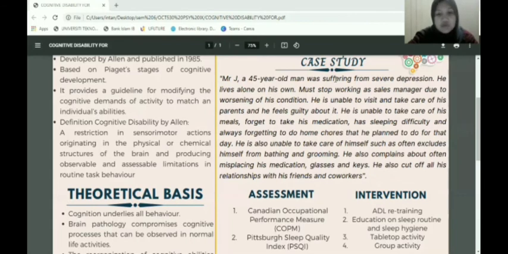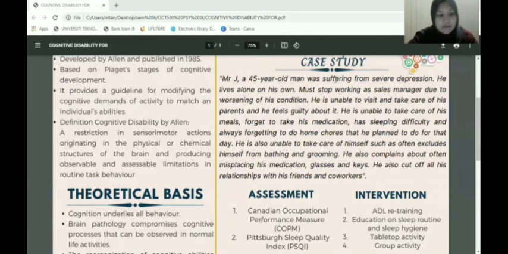And then we can also do a checklist for Mr. J to follow every day about what activity or house chores that he needs to do that day.